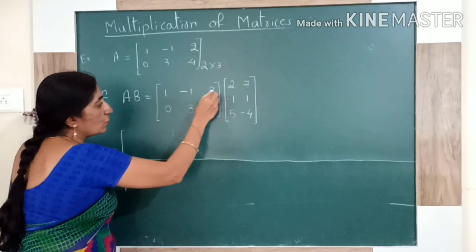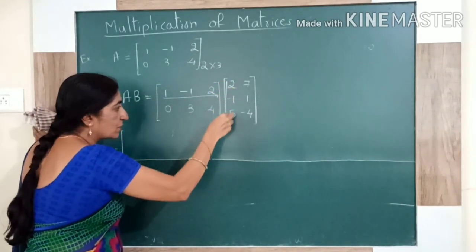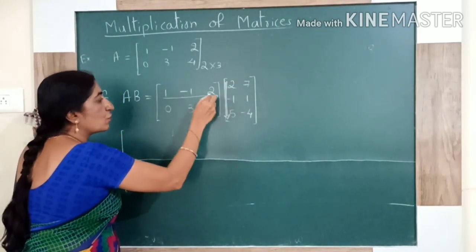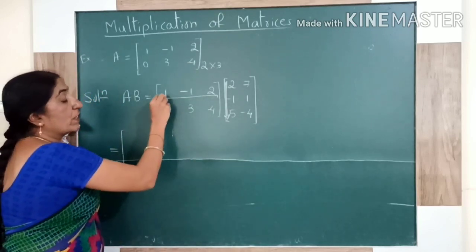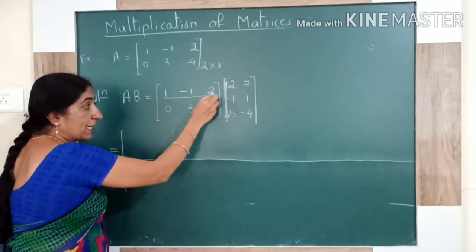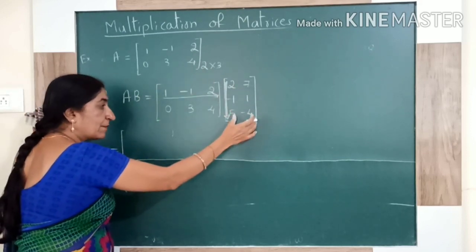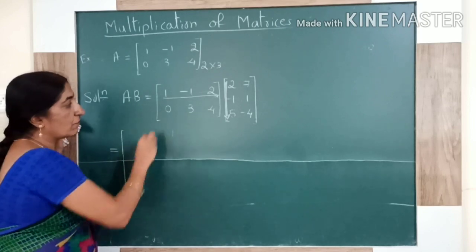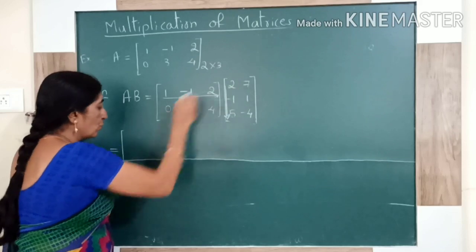The first row elements are multiplied with the first column. See it carefully. First row elements are multiplied with first column elements, that too in a corresponding way. Corresponding way means first element into first element, 1 into 2.